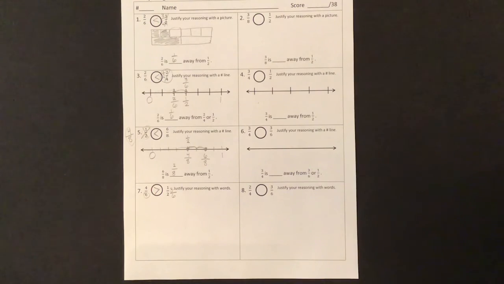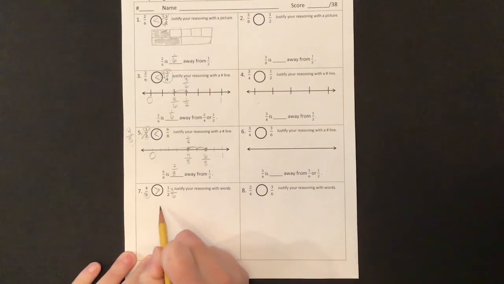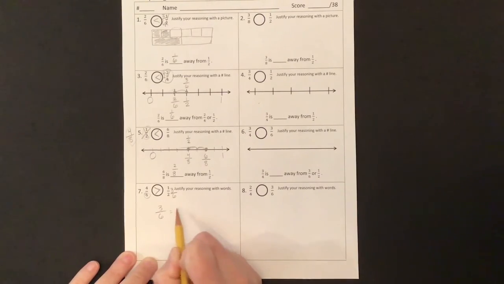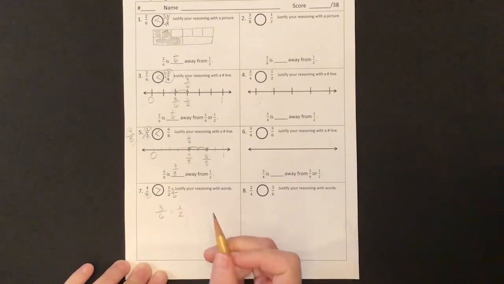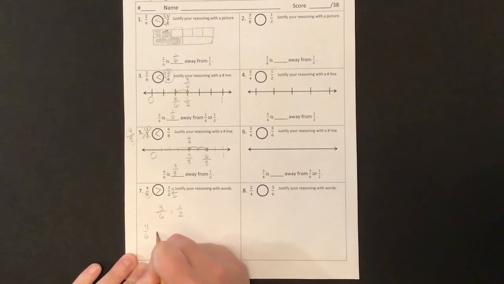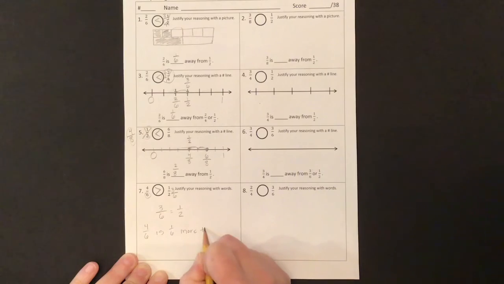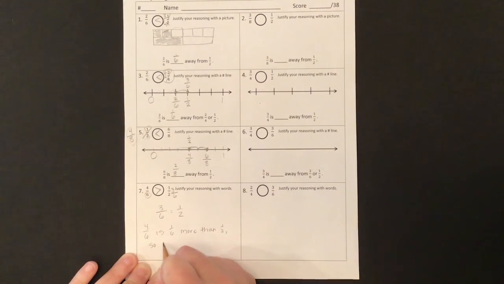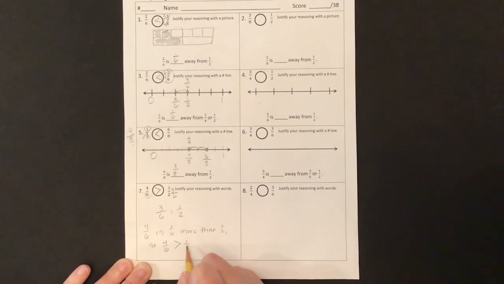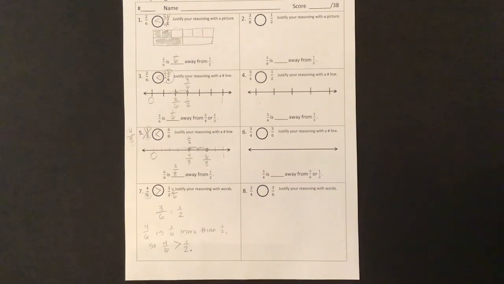I can go ahead and write that as my answer. 3/6 equals 1/2. 4/6 is 1/6 more than 1/2. So 4/6 is greater than 1/2. Go ahead and do number 8, and then we can go to the second page.